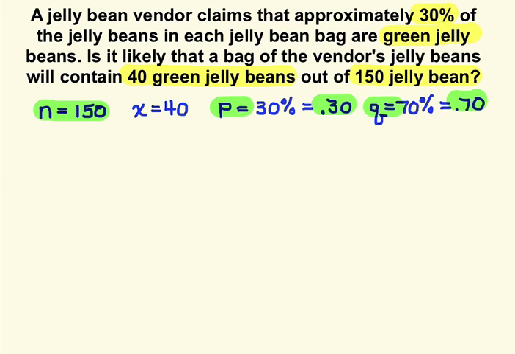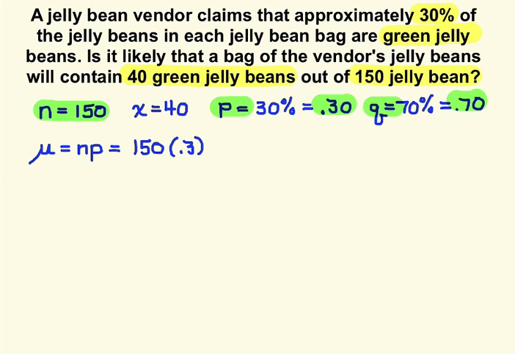So now let's go ahead and find our mean, or average, or expected value for the population of 150 jelly beans in the bag. Well, the formula for the mean is N times P. N is 150. There are 150 jelly beans. And the probability of getting a green is 0.3.